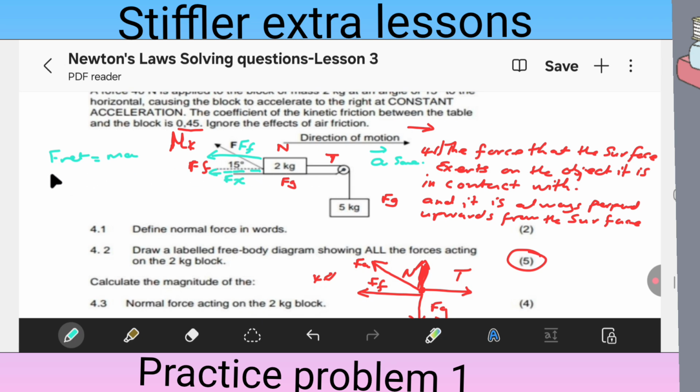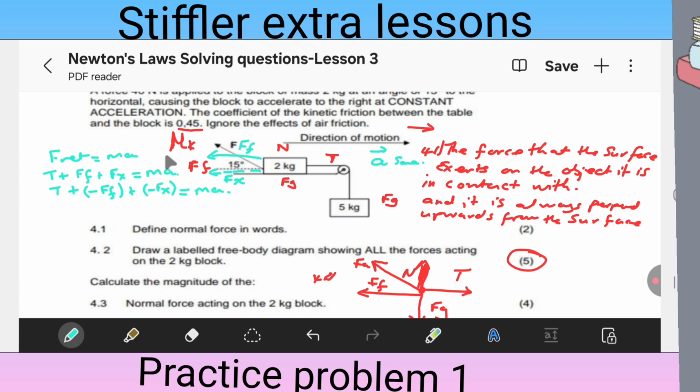So our tension plus our frictional force plus our F at x must be equivalent to mass times acceleration. So our tension, plus, since frictional force is going in the opposite direction, it should be negative frictional force, plus negative F at x, since it is going in the opposite direction, should give us MA.